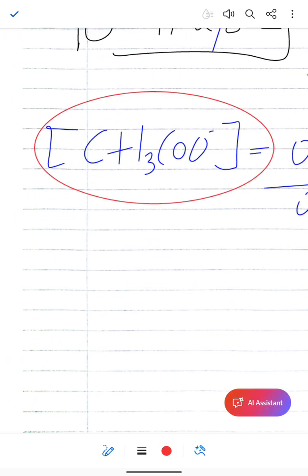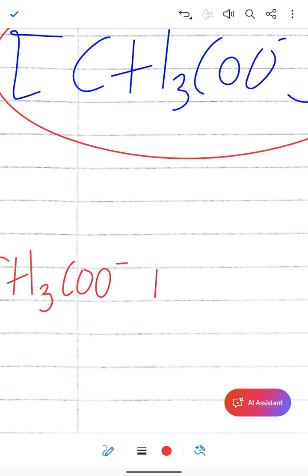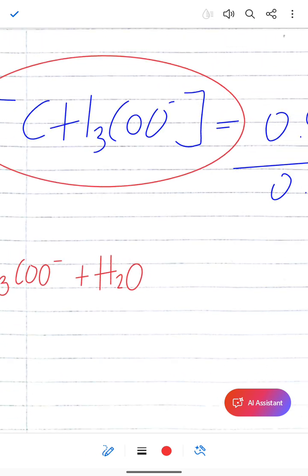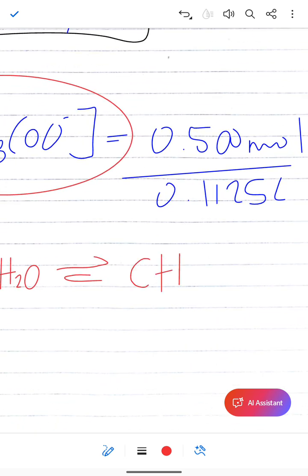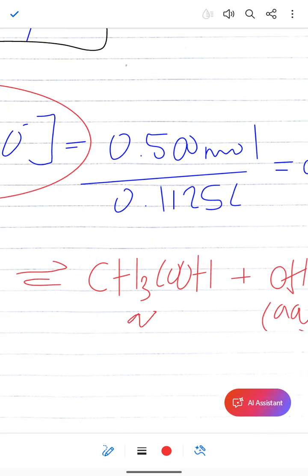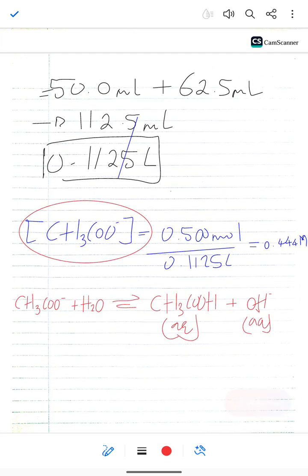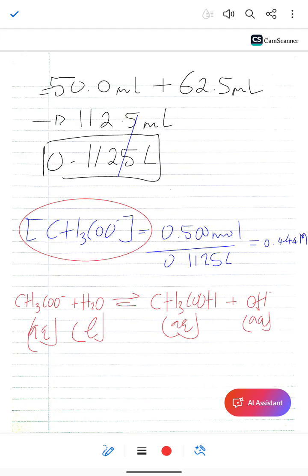So CH3COO- plus H2O, to hydrolyze, it means it produces a hydroxide ion. This will give you CH3COOH plus the hydroxide ion. This is aqueous, this is aqueous, and this is water, liquid.